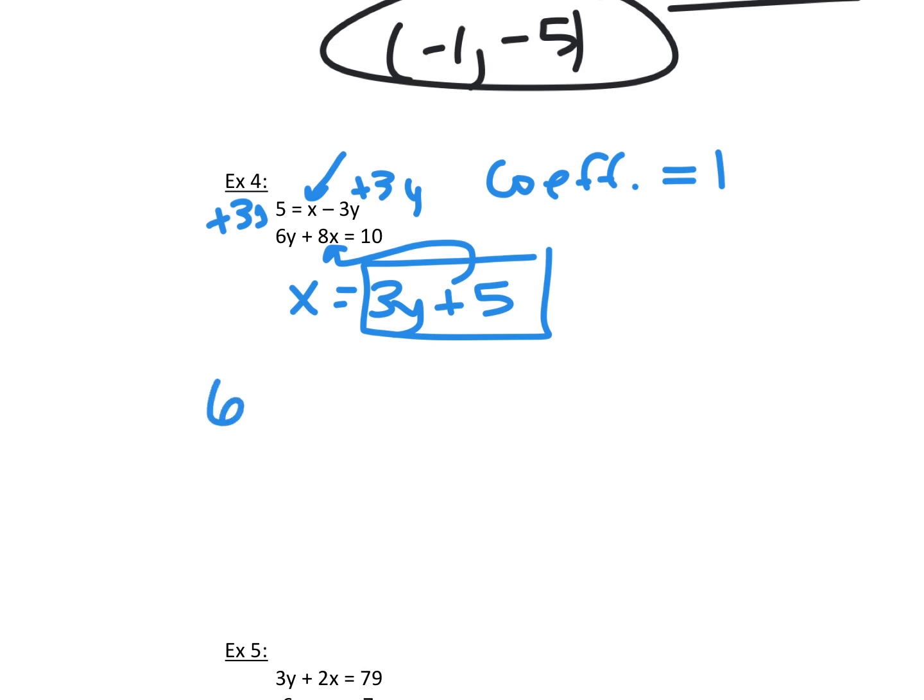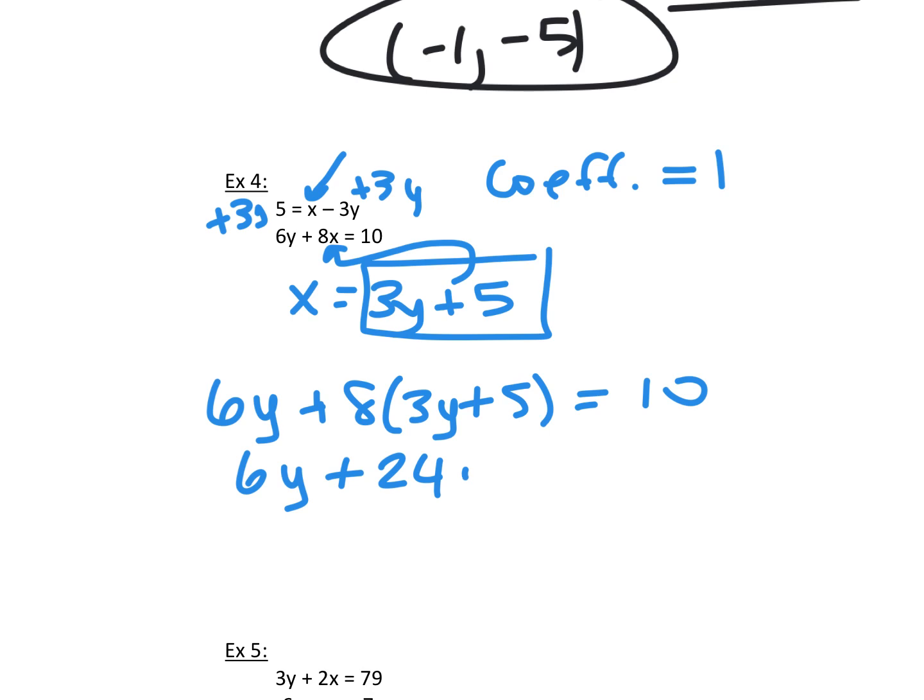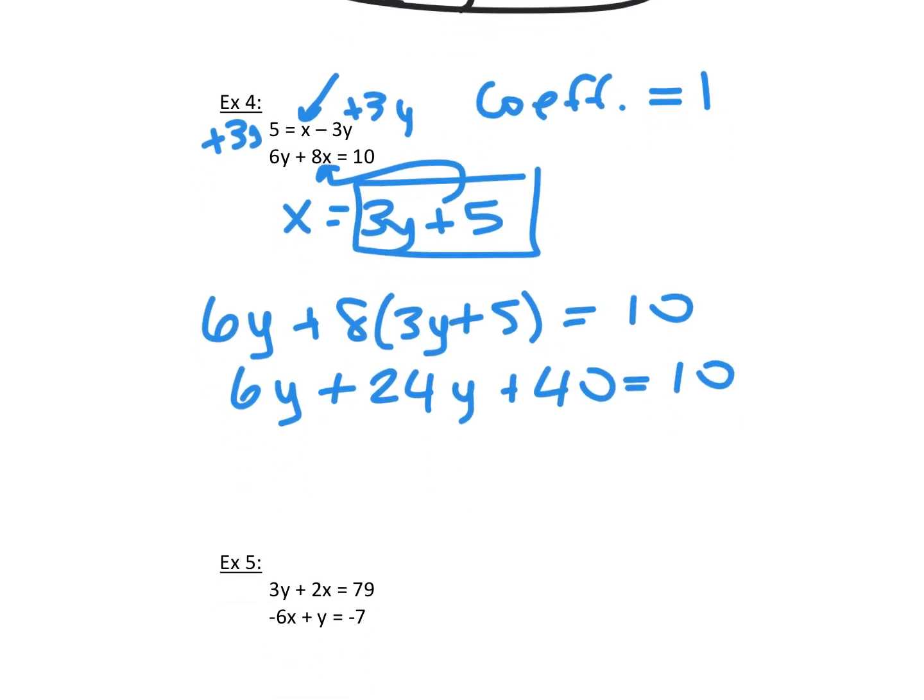So 6y plus 8 times, now I'm subbing in 3y plus 5 equals 10, and I'm going to solve from here. So 6y plus 24y plus 40 equals 10. I have 30y, and I'm subtracting the 40 onto the other side, equals negative 30, so y equals negative 1.